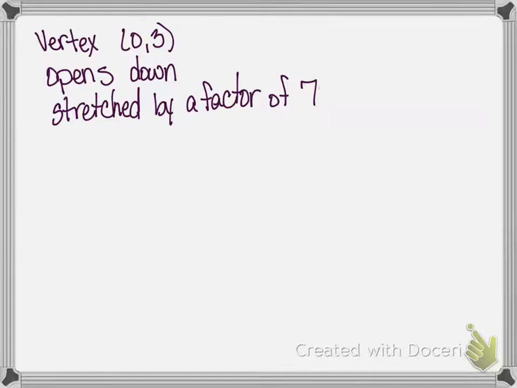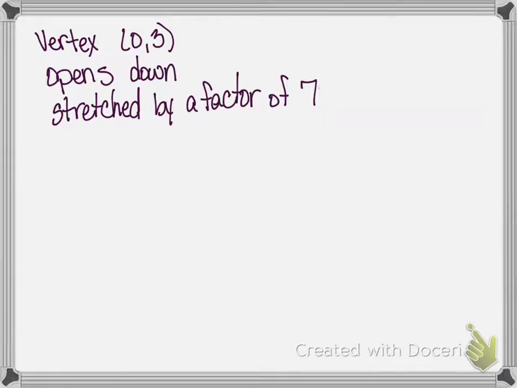Okay, what is my A value? What's my A value here? Okay, I heard -7. What else did you guys say over here? Okay, 7. Okay, the answer is actually -7. Why? Because it opens down.